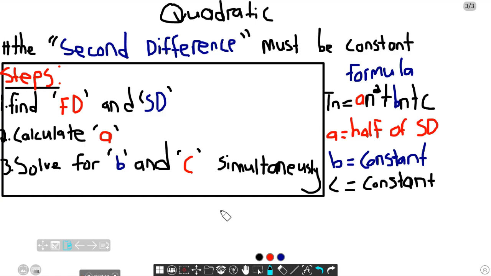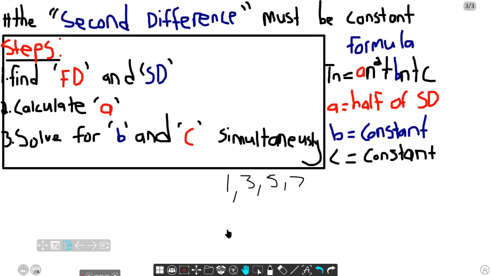Now, I'm going to make an example with maybe say, okay, I have 1, I have 3, I have 5, I have 7, right? Remember back when we're doing our linear patterns, we had to find our first difference, right?